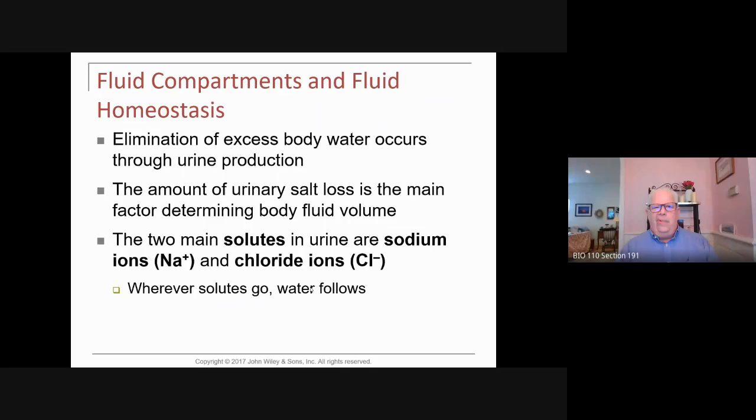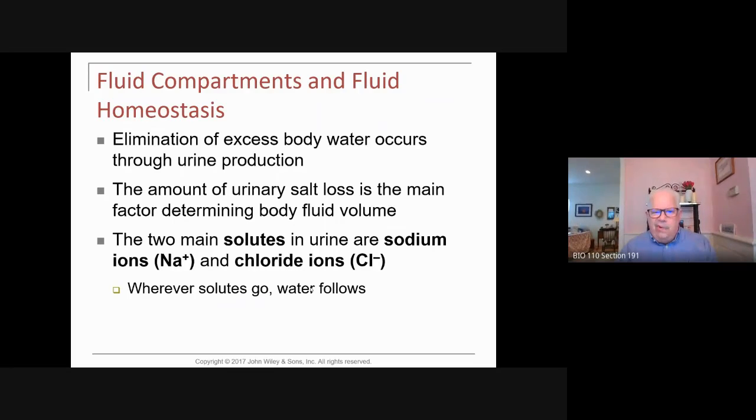Elimination. How do we get rid of water? Well, the majority of elimination of water is through your kidneys. When you get rid of urine, you get rid of 2 main solutes. And those 2 solutes are in big, bold, black letters. Salt.